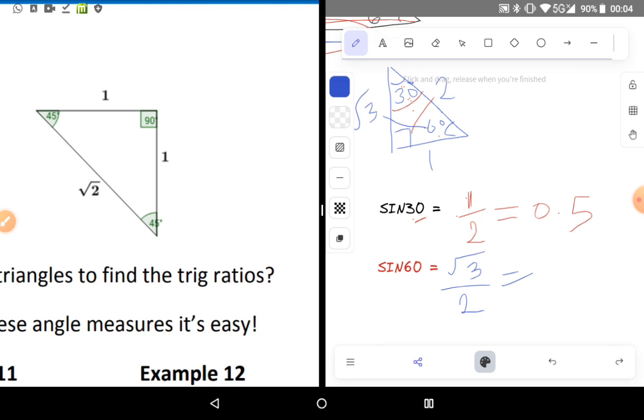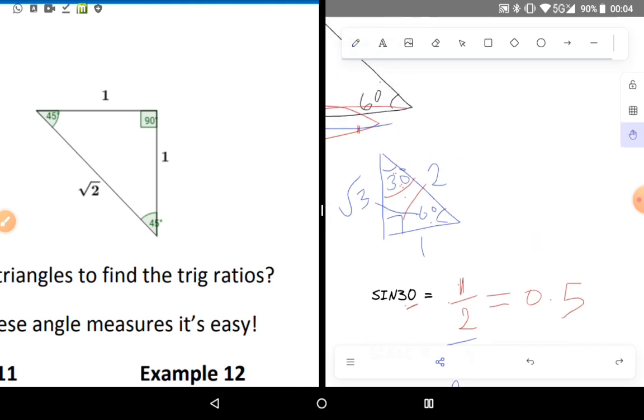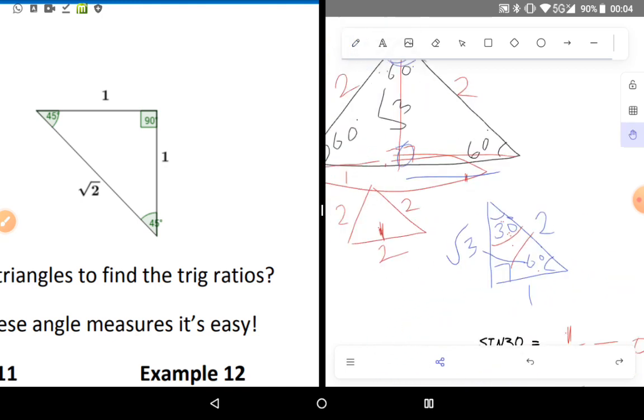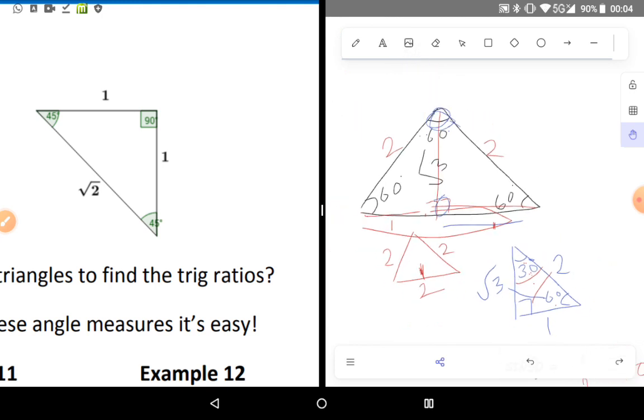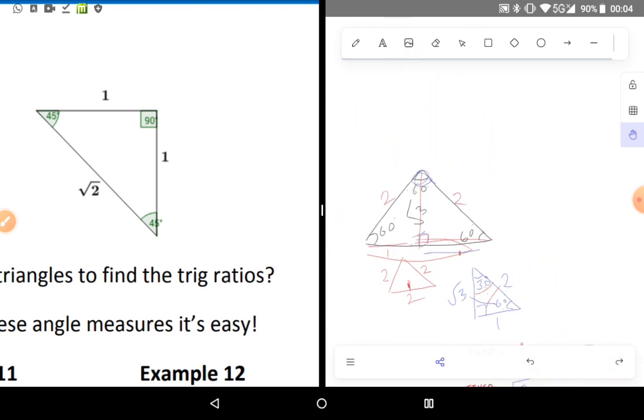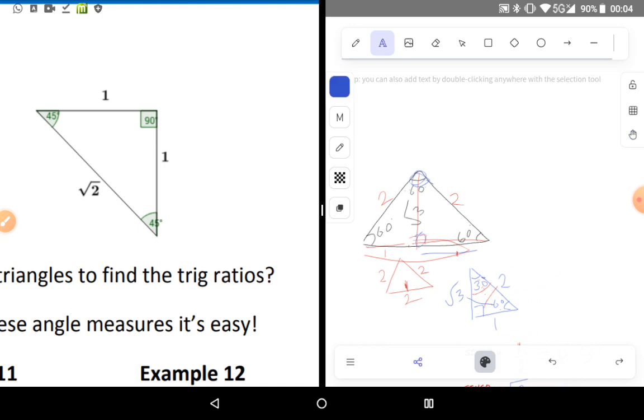Like I said again, just a reminder: when you are looking for the length of any side, what to do is to say hypotenuse squared is equal to opposite squared plus adjacent squared.